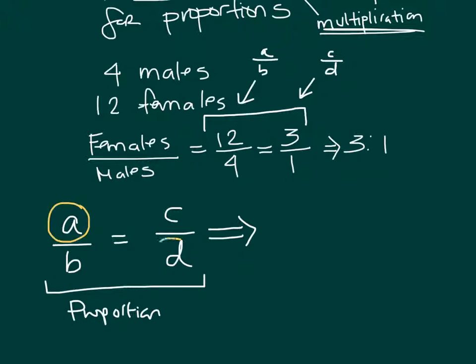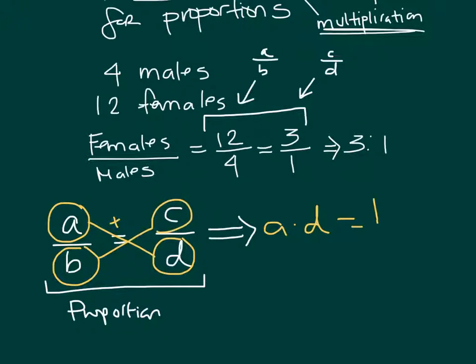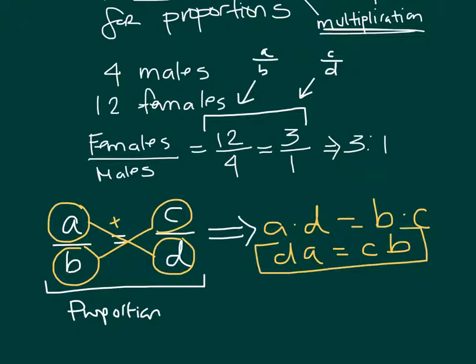Here's A times D. So I'm going to cross and multiply, and I get A times D equals B times C. If you want to technically write DA and CB, it doesn't matter. 2 times 3 is 3 times 2. So we're allowed to write this, which is nice because it clears the fractions.